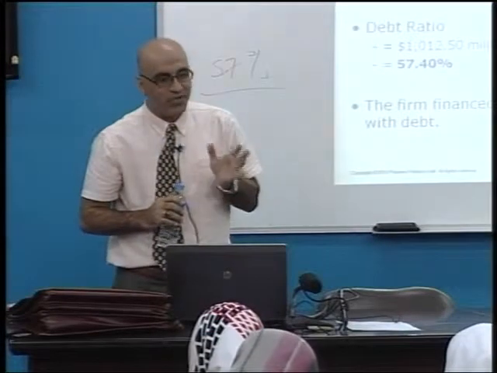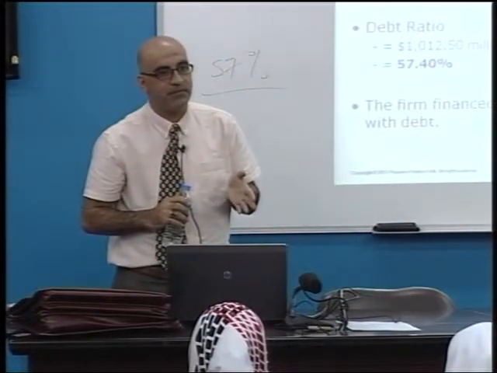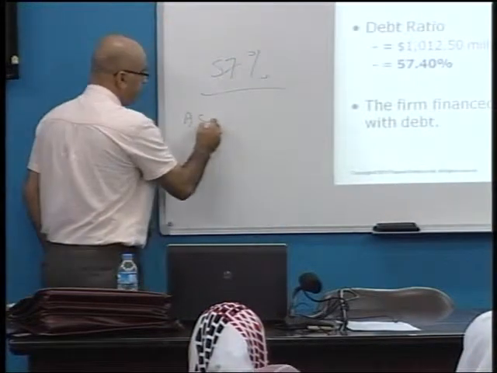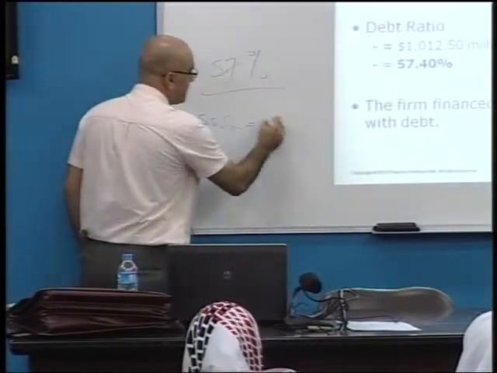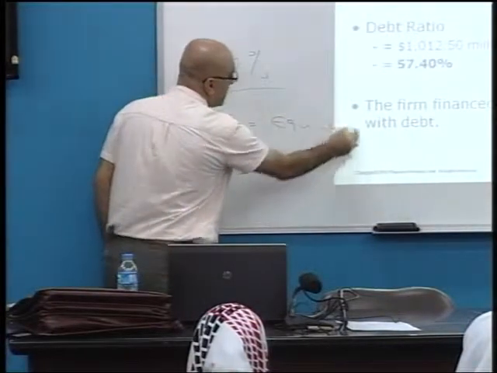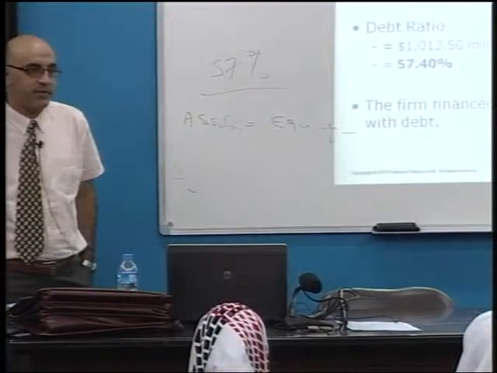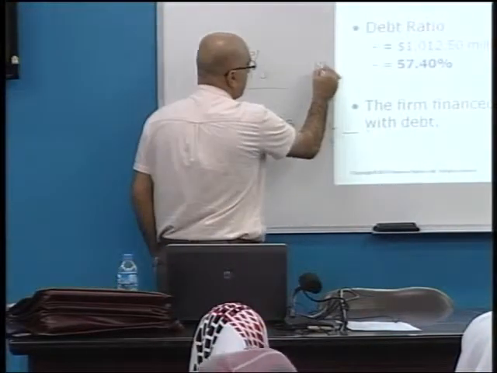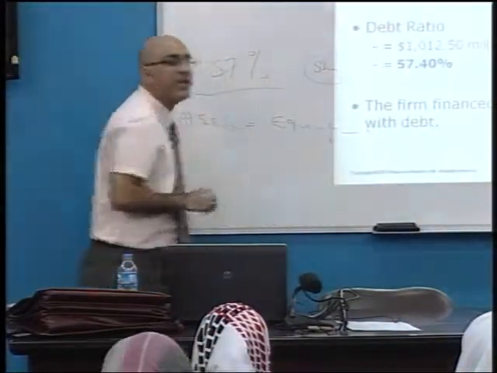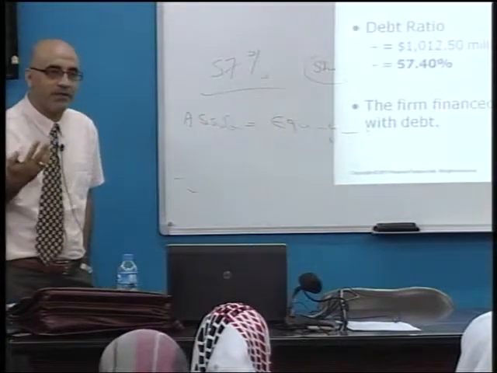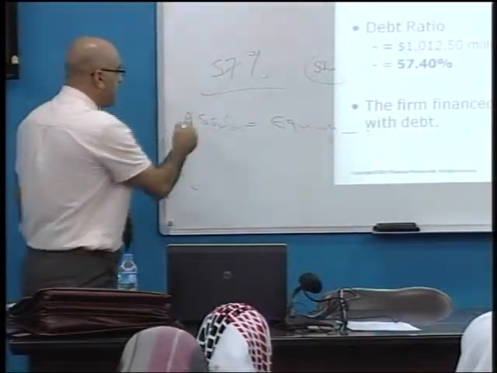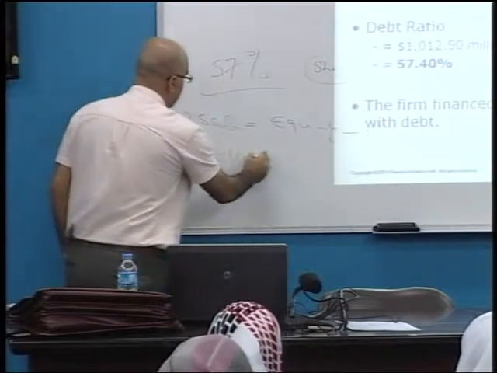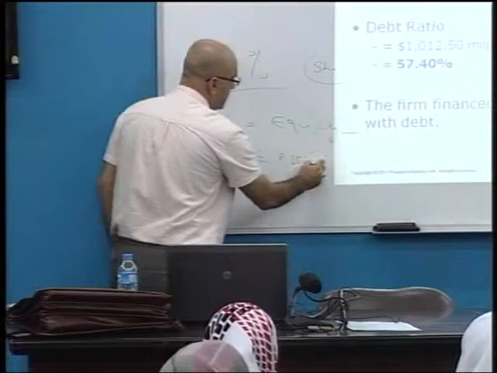Because some questions are not directly answered. For instance, I give you the total assets, and I give you the equity, but I ignore the liabilities. Then the total liability is equal to the assets minus the equity.